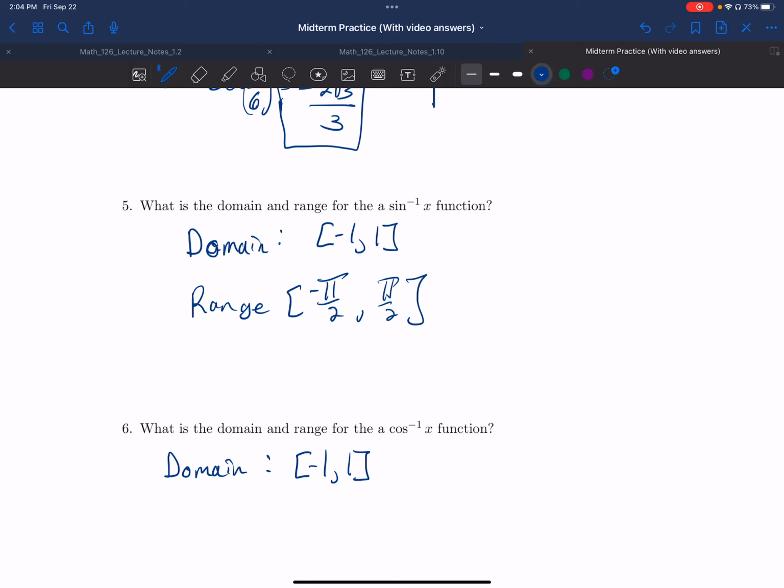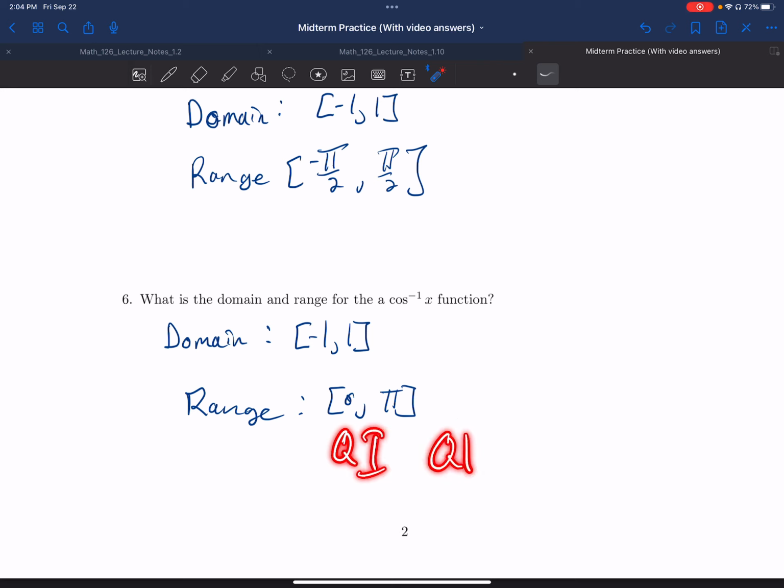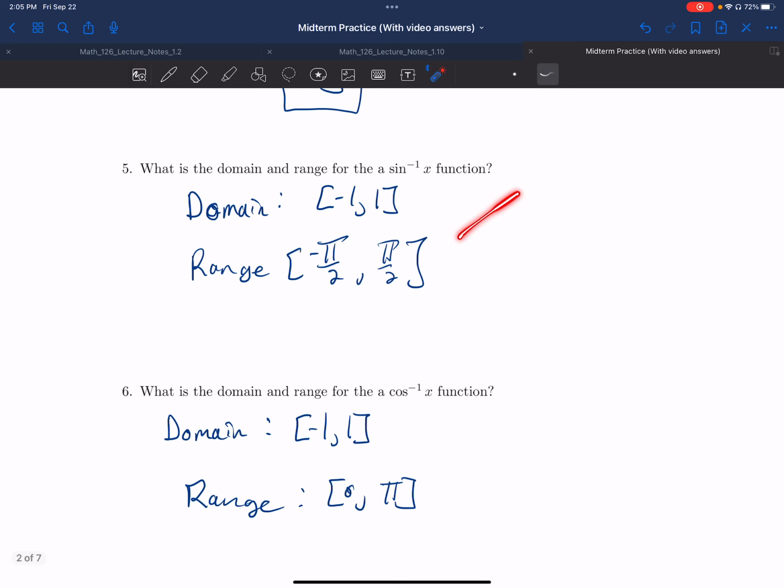For inverse cosine, the range is 0 to pi, and so it gives answers in quadrant 1 and in quadrant 2. It's important to remember which quadrant your answers will come in, and so that's why we ask you to memorize this.